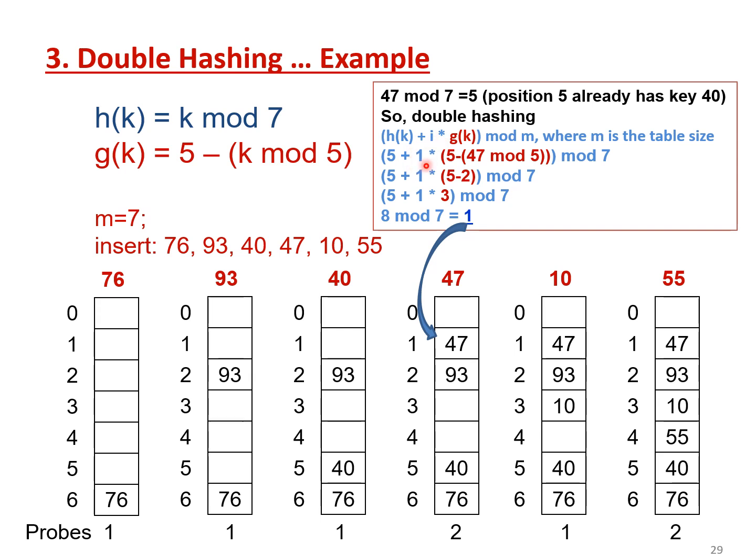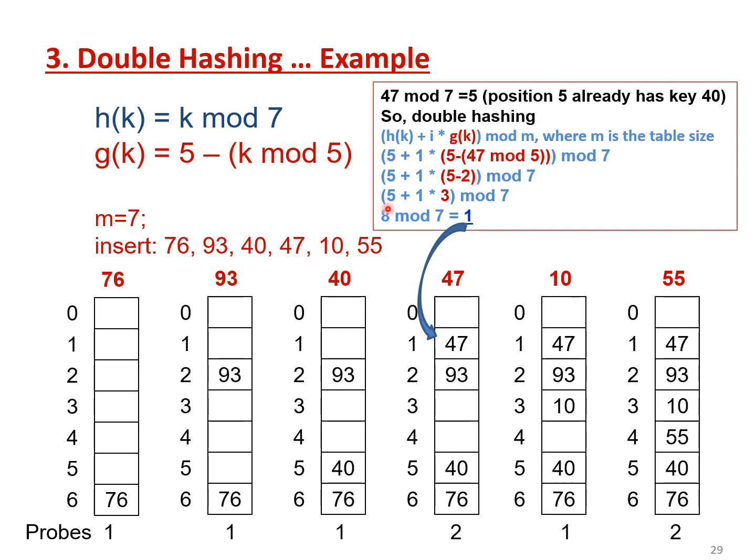So 1 into, what is g(k)? It is 5 minus (k mod 5). The present key value is 47, and 47 mod 5 is 2. So this becomes 5 minus 2, so it is 3.